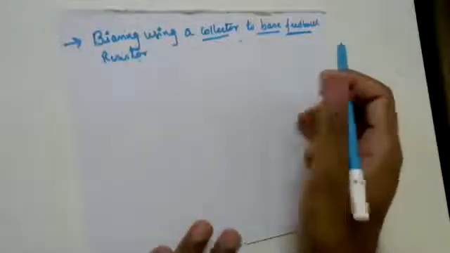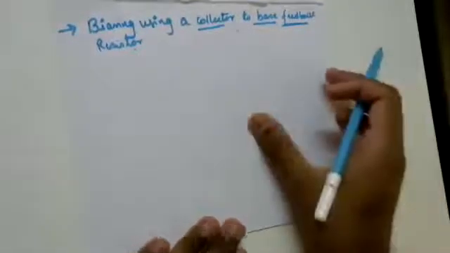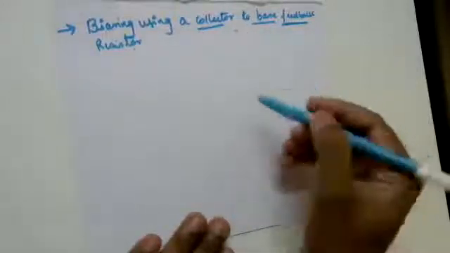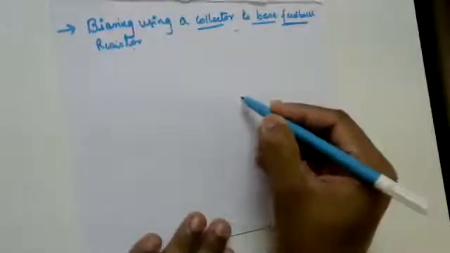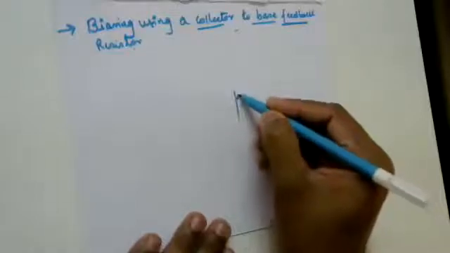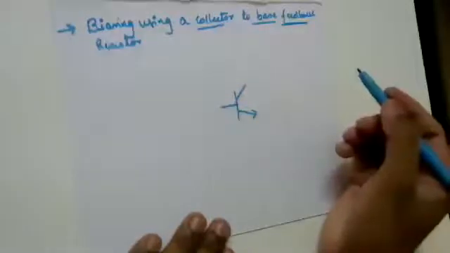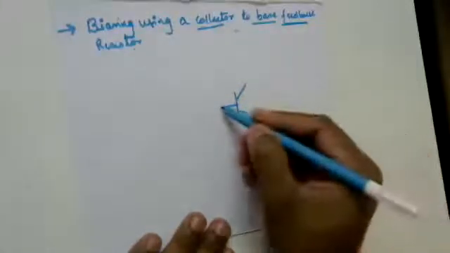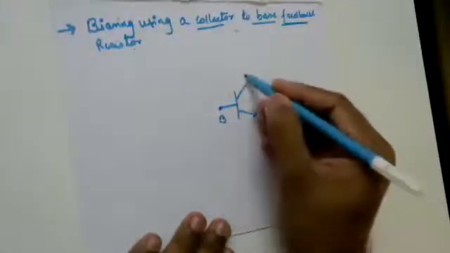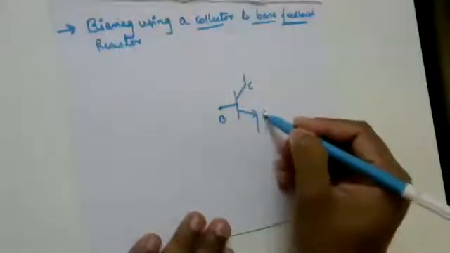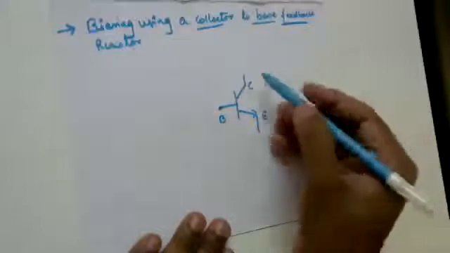So now we'll build one circuit related to this particular concept. Let me say that this is my NPN transistor. This is the base point, this is the collector point, and this is my emitter point.